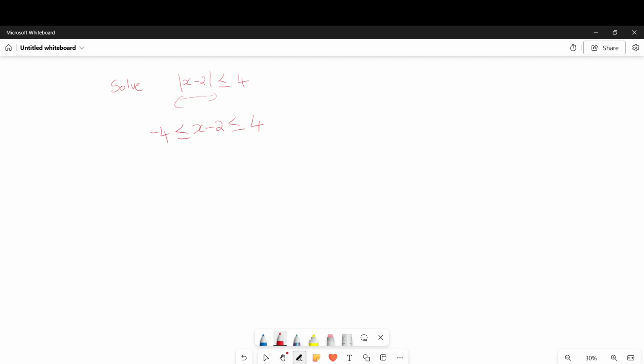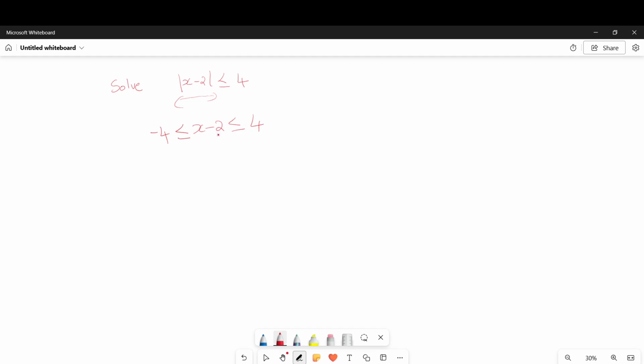In the previous problem I explained how to find both cases, compute them separately and find the values of x. In this one I am jumping directly to the inequality by opening the absolute value. Now we again have -2 here, so we need to eliminate it.